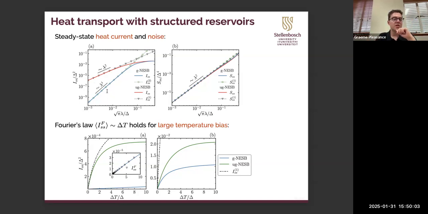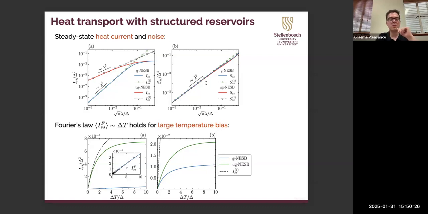So you can see that this additional oscillator produces this quartic scaling now. As you decrease the coupling strength, the steady state heat current no longer scales quadratically, it scales quartically. And its magnitude is, as a consequence, significantly suppressed.